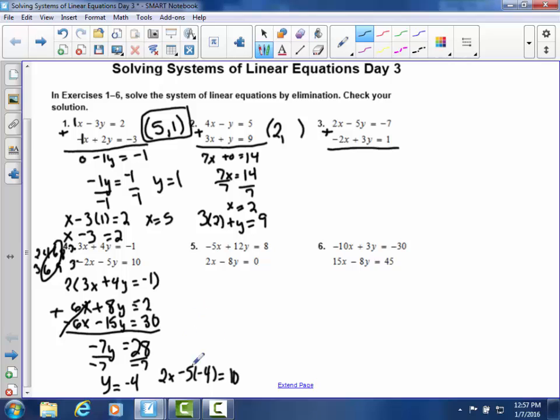Due to my lack of space, I'm not going to show all the steps. I would probably just use my calculator at this point and use my solver. But negative 5 times negative 4 is 20, so I'd subtract 20. That would give me negative 10, and divide by 2 is negative 5. So x would equal negative 5. So my solution for this system is the point negative 5, negative 4.